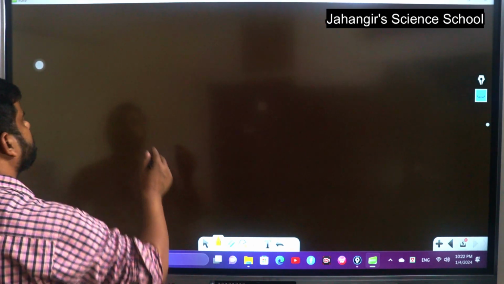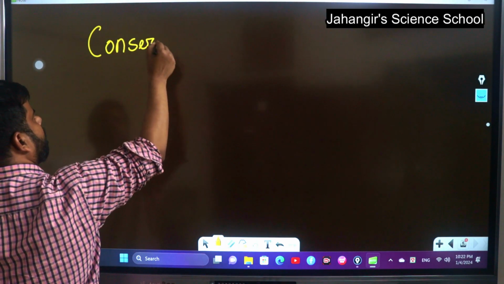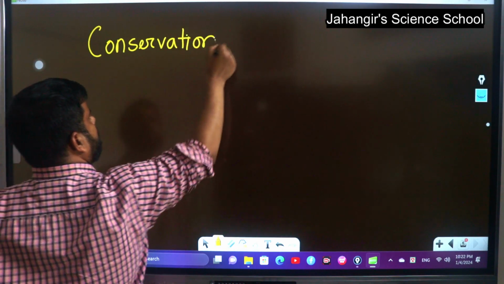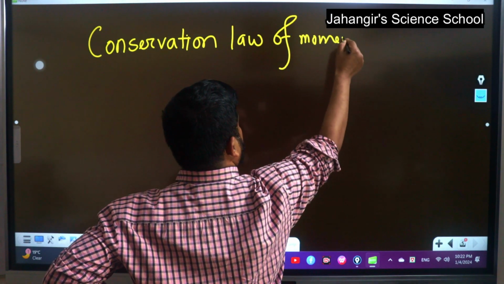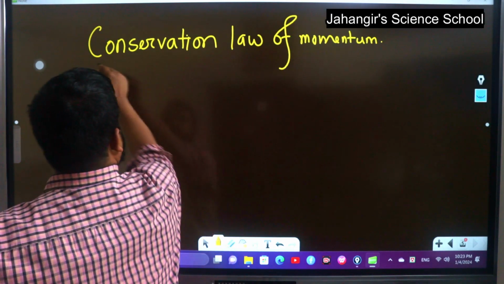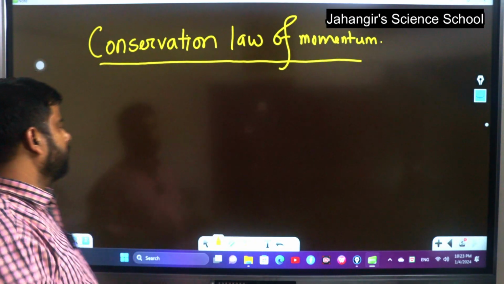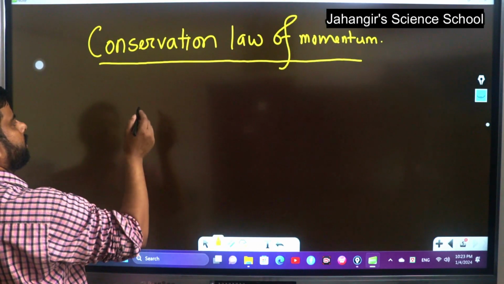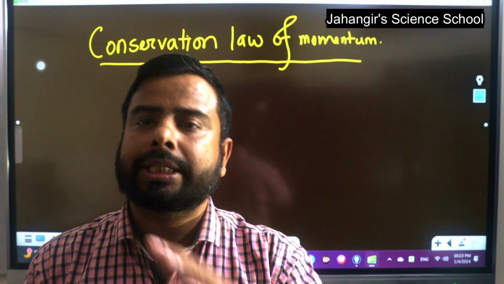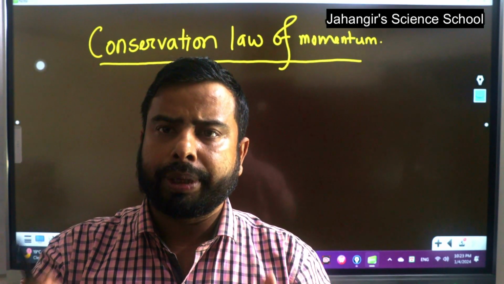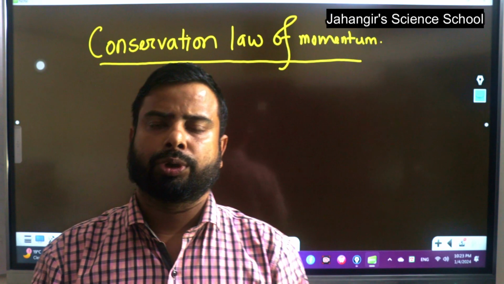Now the conservation law of momentum. When any collision occurs between two objects, or any explosion occurs, then without any external force except the collision or explosion, the total momentum before the collision or explosion is equal to the total momentum after it.